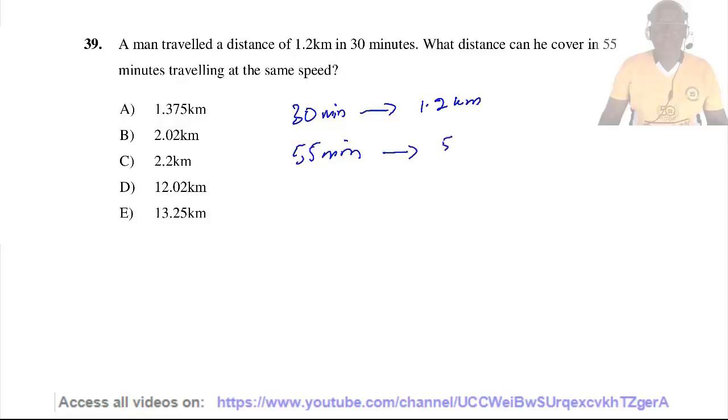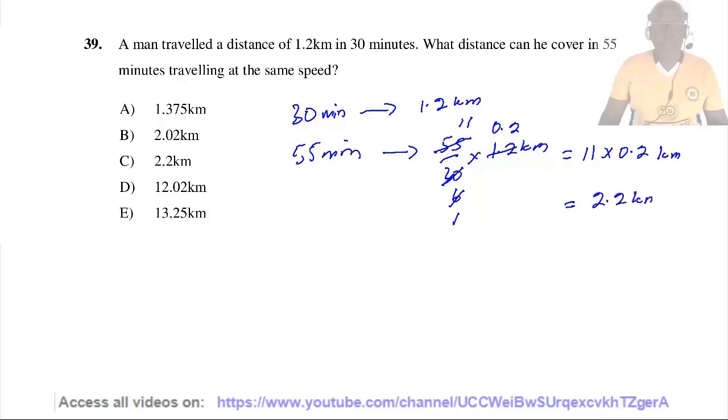So 55 divided by 30 times 1.2 kilometers. 5 goes into 55 eleven times, 5 goes into 30 six times. 6 goes into 6 once, 6 goes into 1.2 giving 0.2. So 11 times 0.2, and this will give us the answer in kilometers. So the answer is C.